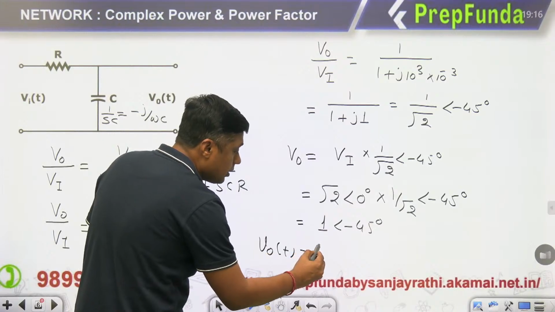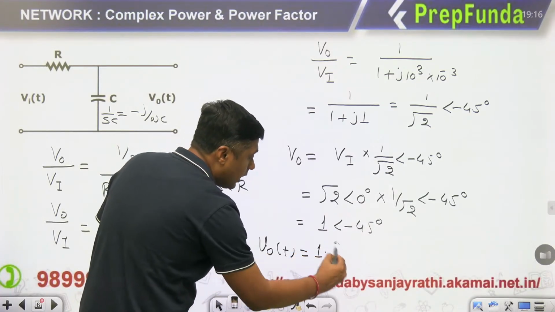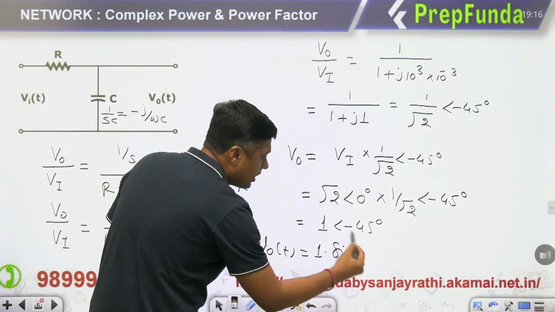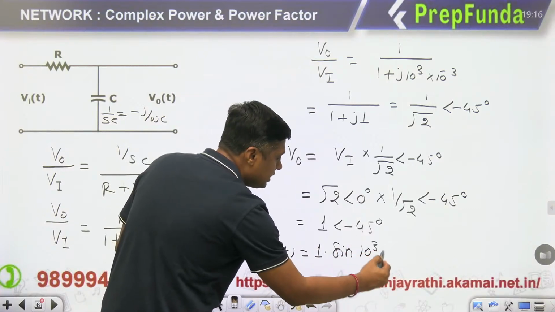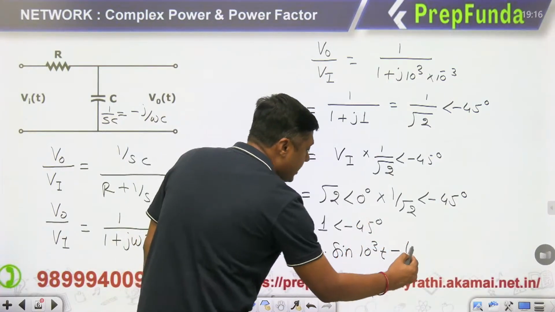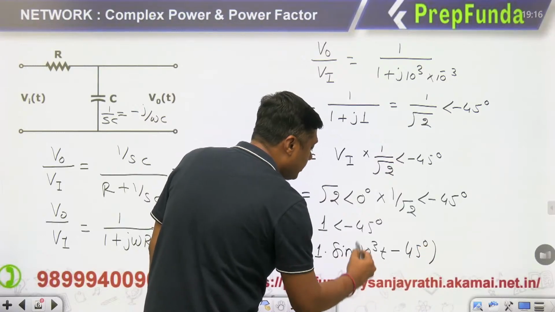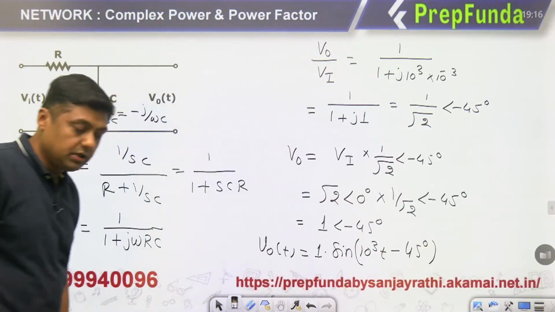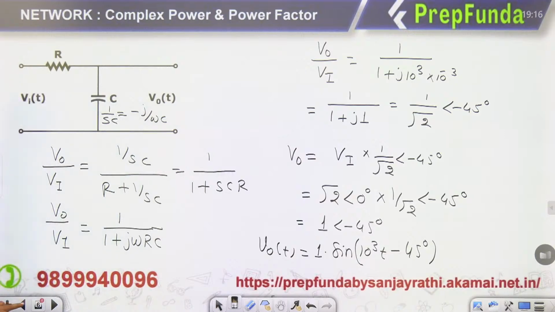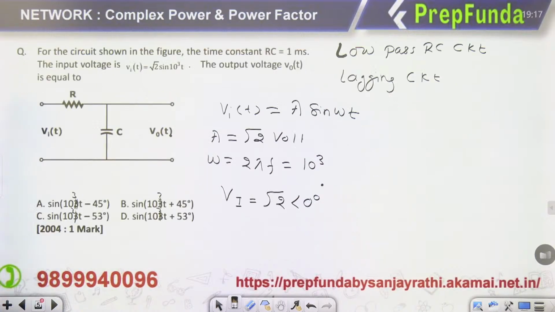Amplitude is 1, the reference is sine omega t, 10 to the power 3t, and phase minus 45 degree, and that will be the answer for this particular question. So which answer is correct? Sine of 10 to the power 3t minus 45 degree, option A is correct.